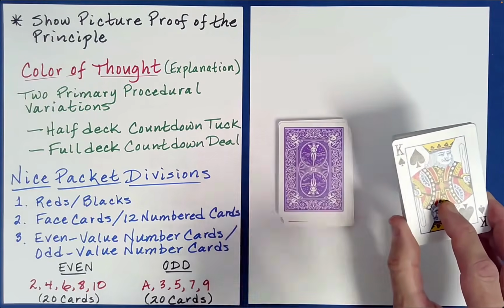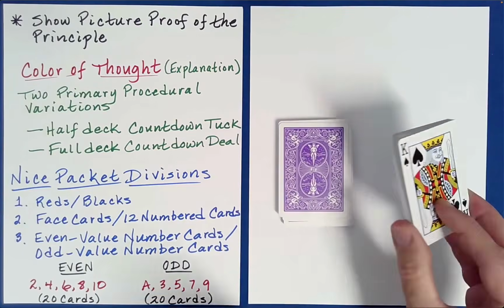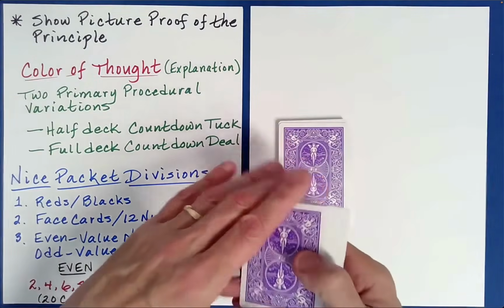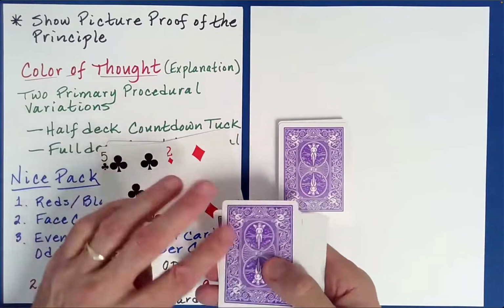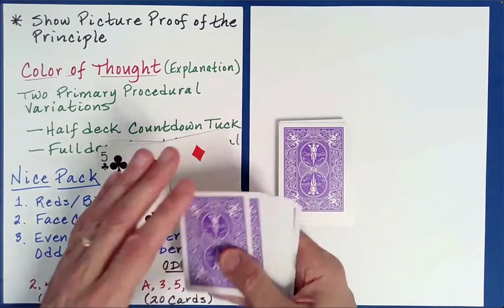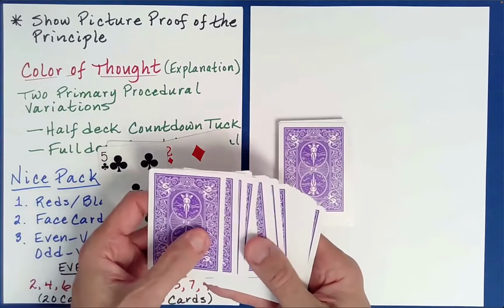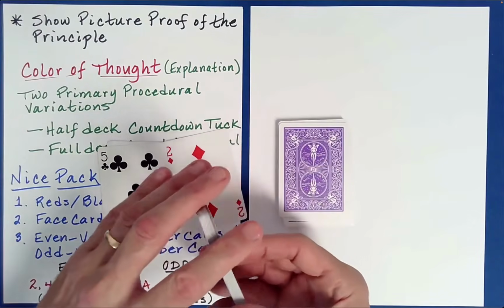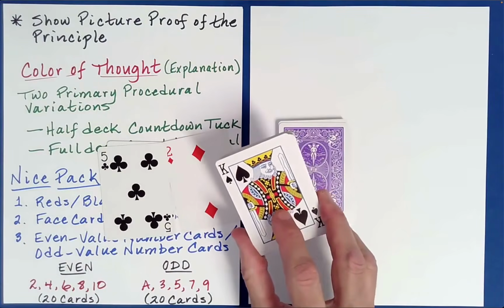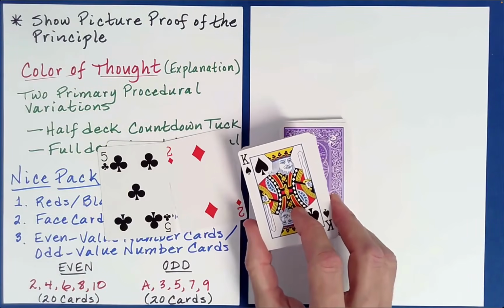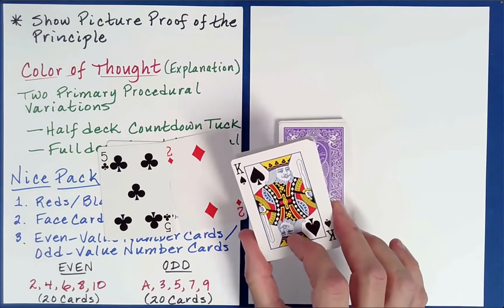Well, that means there's 14 black cards in here. So as we count down these, 1, 2, and so forth, when we get to the 14th black card, we know what the last black card is in this half of the deck. It's staring at us. It's the king of spades, okay?